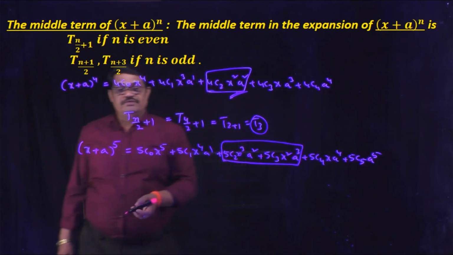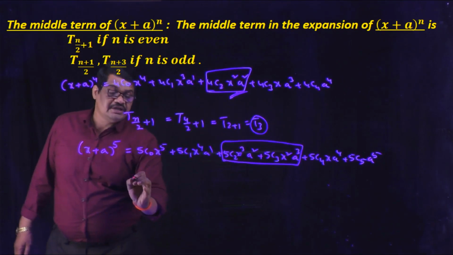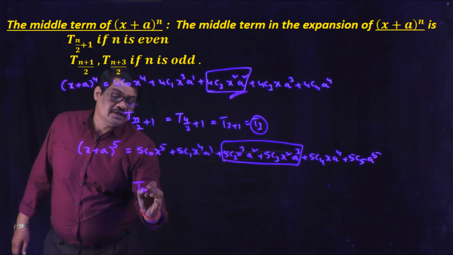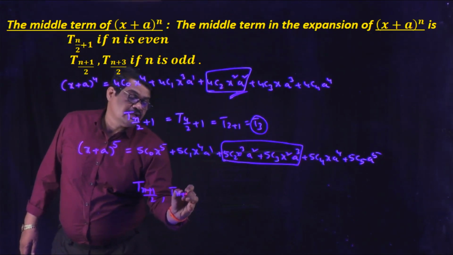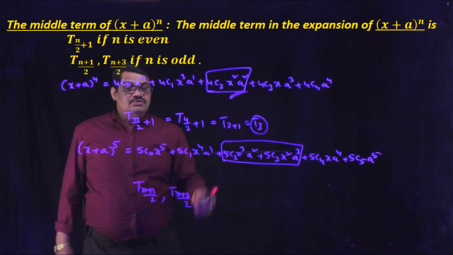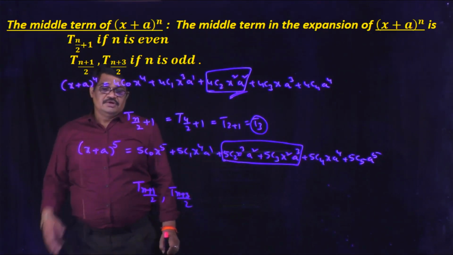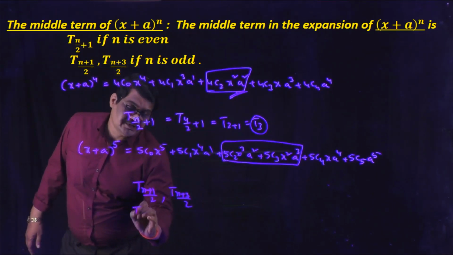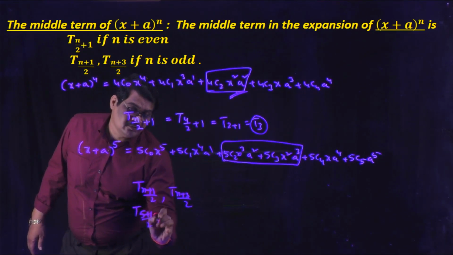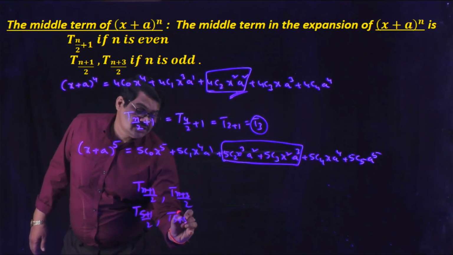So we use the formula. What is the formula? If n is odd, then we take T (n plus 1) by 2 and T (n plus 3) by 2. These two are the middle terms if n is odd. Here n is 5. That is T (5 plus 1) by 2 and T (5 plus 3) by 2.